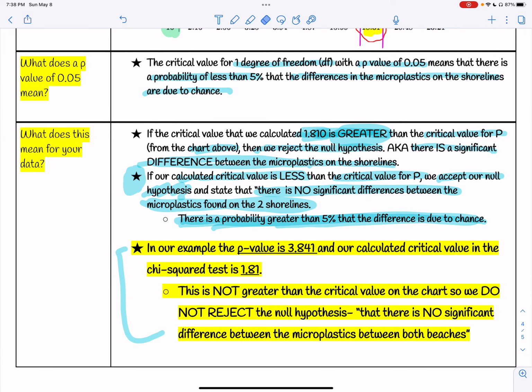All right, so you're looking to see if your calculated value is greater than what you have on the chart. If it's greater than what's on the chart, then you can reject the null hypothesis.